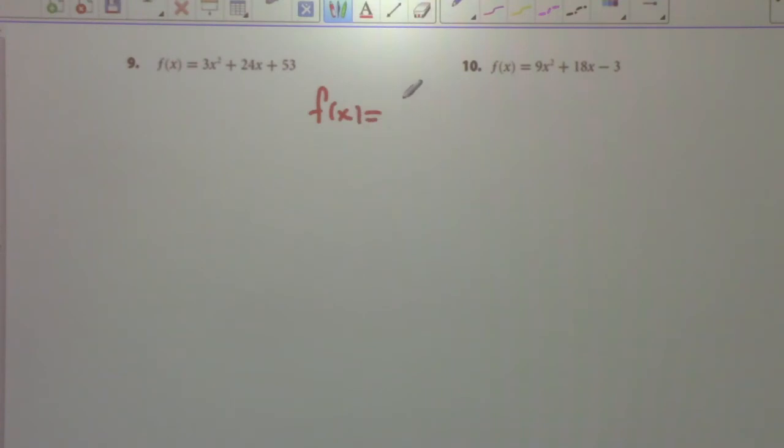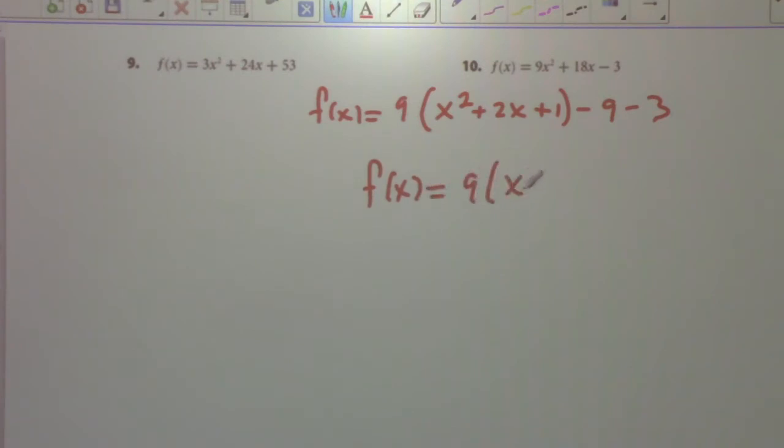f of x equals 9 times x squared plus 2x plus 1, in parentheses, minus 9 minus 3. And then we got f of x equals 9 times the quantity x plus 2 squared minus 12. Is that what you said there, Jay?